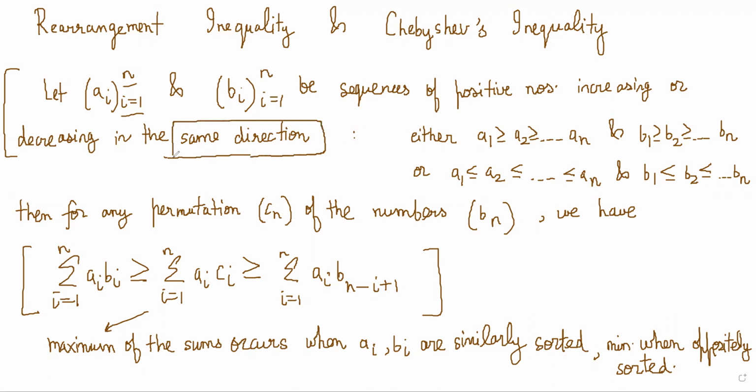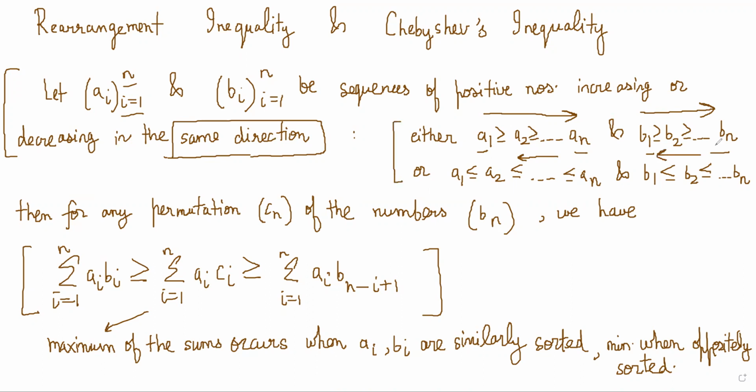What it means is either you have a1 greater than a2 greater than ... greater than an, and b1 greater than b2 greater than ... greater than bn, so both are in decreasing order, or you have a1 less than a2 less than ... less than an, and b1 less than b2 less than ... less than bn. So both the orders are similar, right?